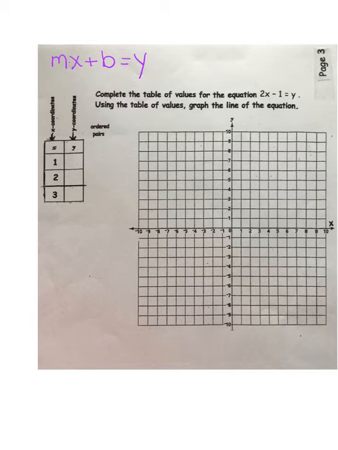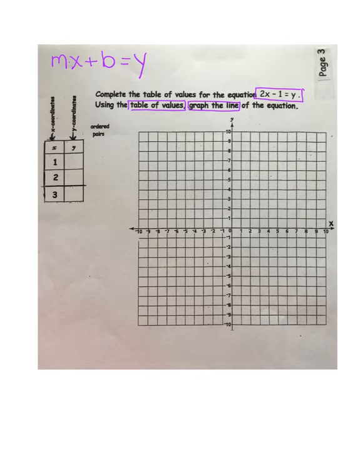Let's read. Complete the table of values for the equation 2 times x minus 1 equals y. Use the table of values to graph the line of the equation. Well, let's take a look at our table of values. Our x-coordinates have been chosen for us.